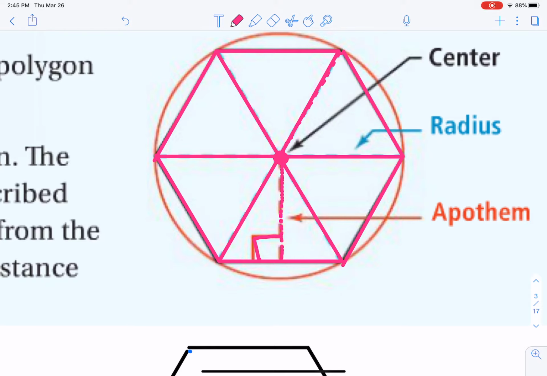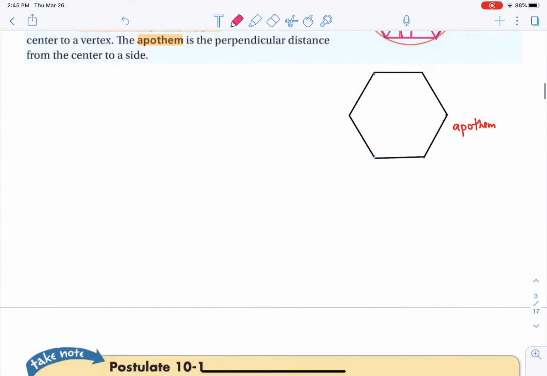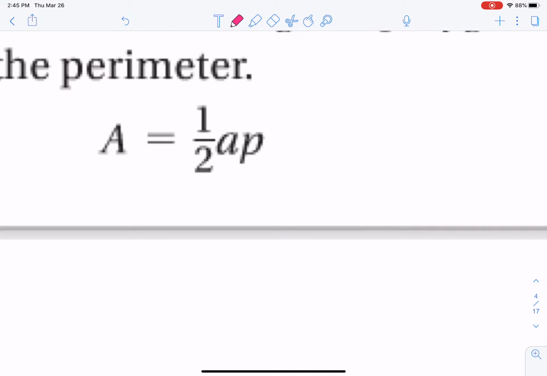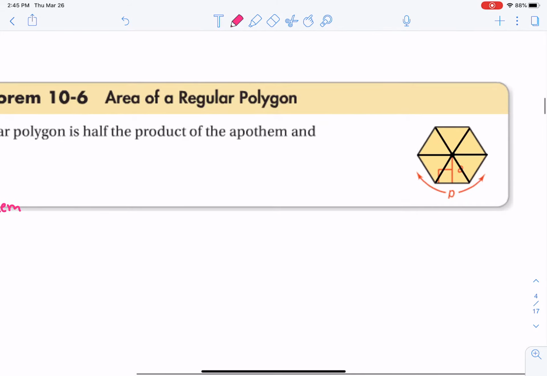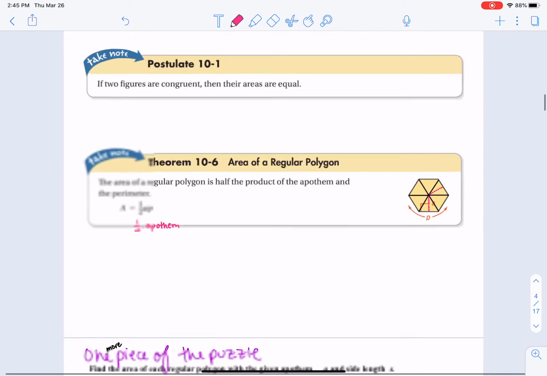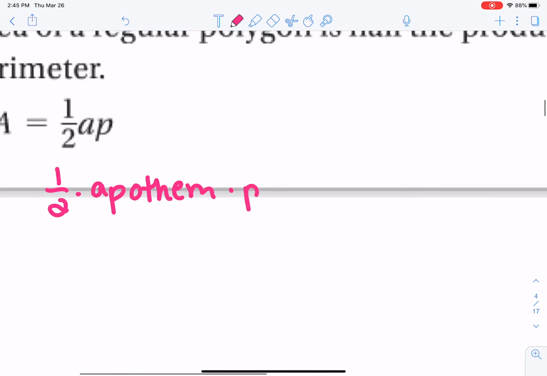If you'd like an official formula, the area is 1/2 times the apothem, and again, that is this right here, or if you're looking on the side, it would be right here, that distance, times the perimeter.